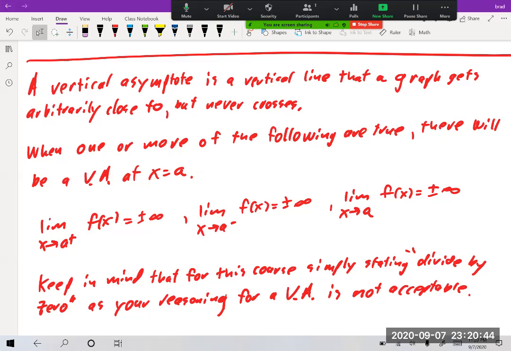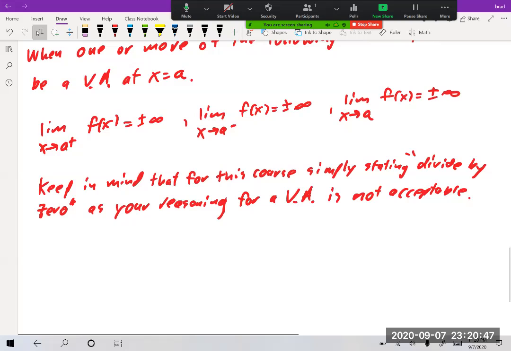So for our course, you guys are not allowed to say, oh, it's division by zero, so it's a vertical asymptote. That's in pre-calc, you're allowed to say that, not in calculus. You have to normally show why there's a vertical asymptote, whether it's tables, reasoning, quick explanation. But in general, I expect to see some kind of reasoning behind why you have a vertical asymptote.